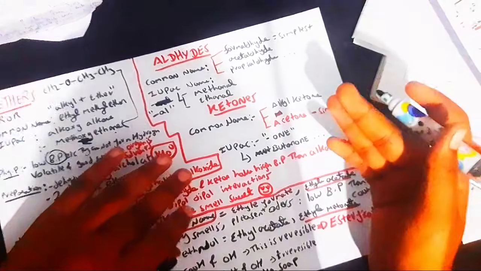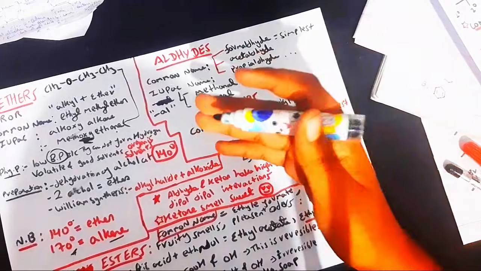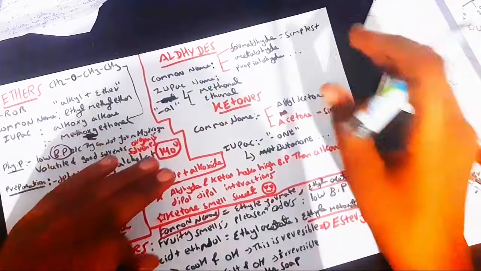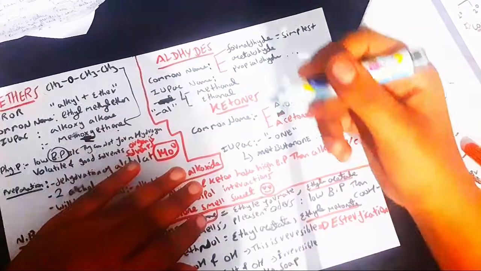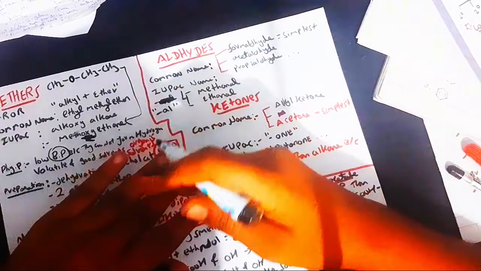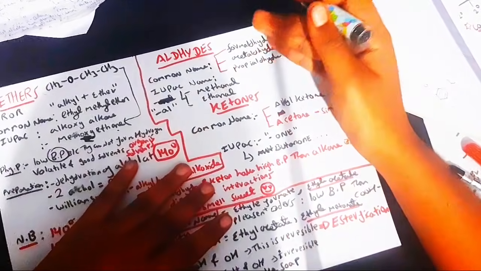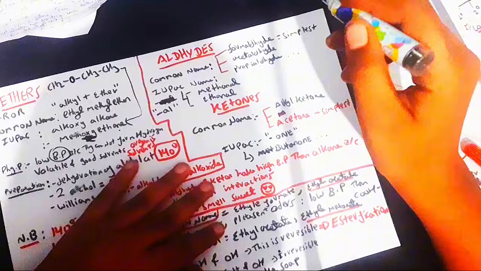So carboxylic acids, as I told you, at the end of the chain are double bonded to O and OH, while aldehydes, just like the carboxylic acid, are bonded with a double bond O and H.